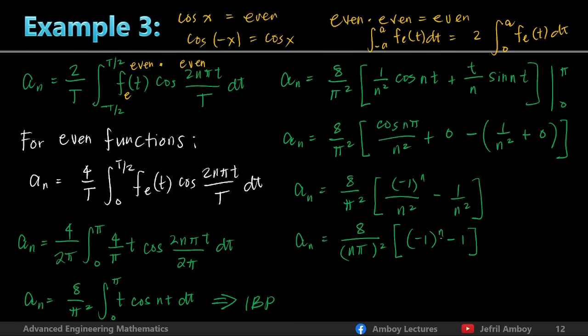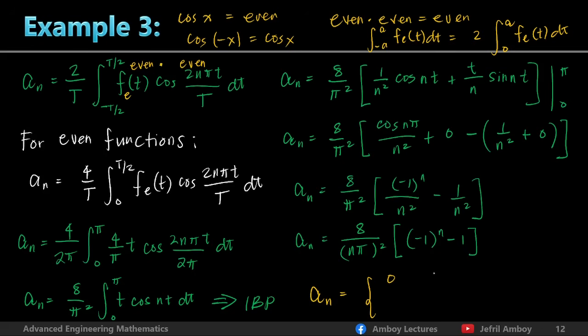Because remember that if this n is even, anong makukuha natin? This is 1. Okay? So, if this n is even, this is 1. 1 minus 1 is 0 and that will give us an equal to 0. Okay? Sulat na natin dito yung an, no? Yung an na yan ay equal sa, again, ito ay magzi-0 kapag ang n ay even.